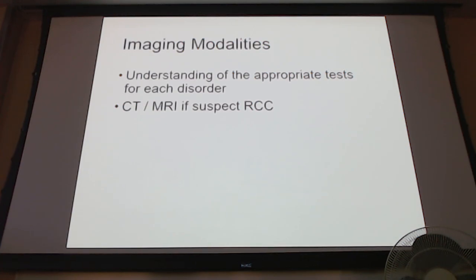What else? So CT non-con for stones. Con and non-con for cancer. So what's the specific one that we use a lot in urology? Angiogram versus... So you don't use the CT cystogram to evaluate for hematuria.